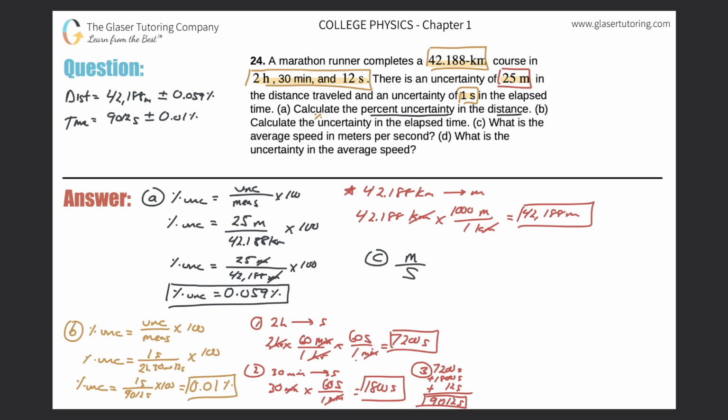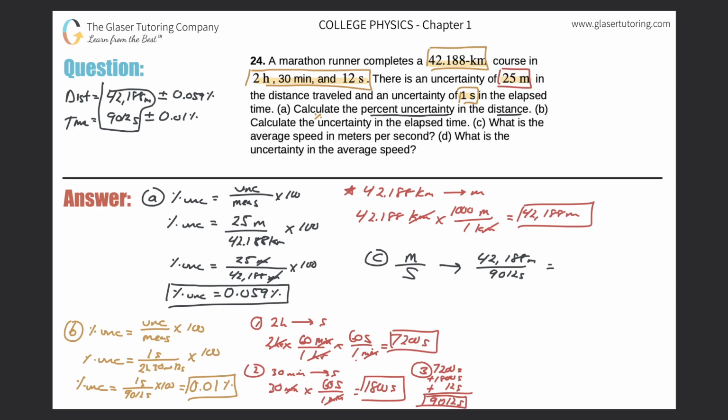Go back to the upper left-hand corner: I know the meters and the seconds, the base numbers, and that's how we calculate the meters per second value, by using the measurements. So all I need to do now is plug in the meter value, 42,188 meters, and then plug in the second value, 9,012 seconds, and calculate the meters per second.